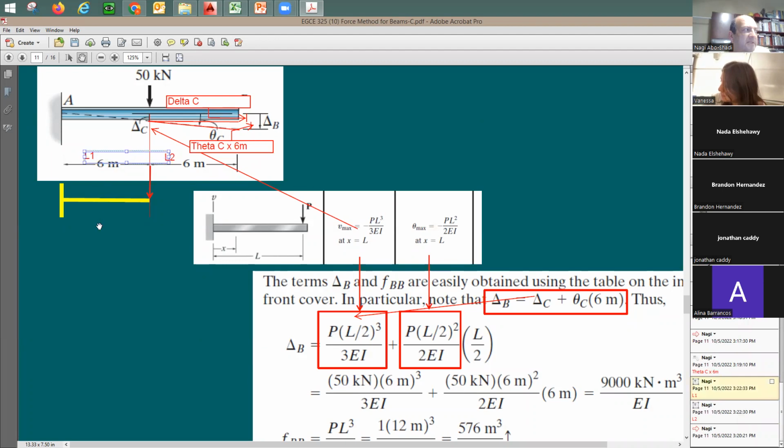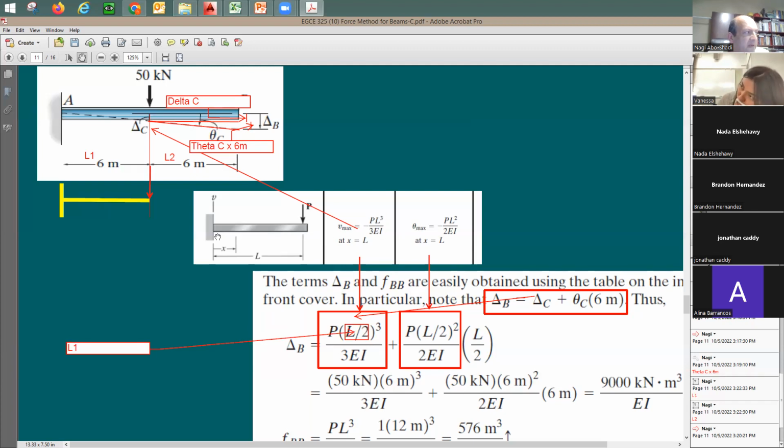But in many other cases, it will not be the same. So let me look at this equation. The first equation here is about a cantilever. So this 6 meters just happened to be L over 2 of that beam, but in this case, this term is actually L1, correct?